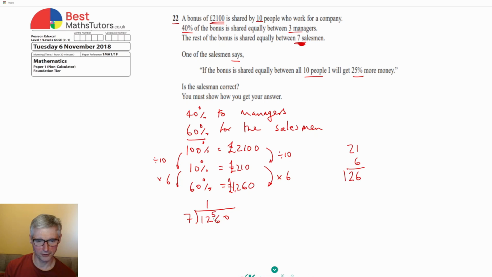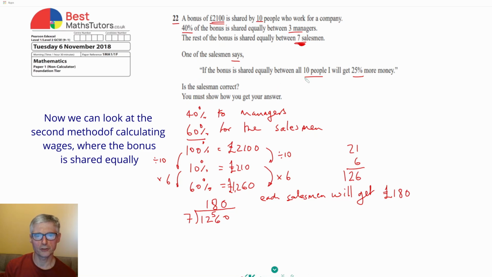Then we write that 5 there, and 7s into 56 is 8, and because we've just got a 0 there, we write a 0 above it. So each salesman will get £180 bonus.